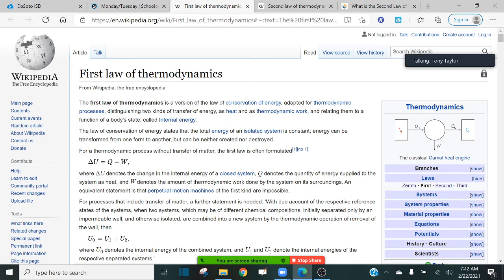The law of conservation of energy states that the total energy of an isolated system is constant. In other words, while energy can be transformed from one form to another, energy can neither be created nor destroyed. So the first law basically states that the total energy of an isolated system does not change. Energy may transform, but total energy remains constant.